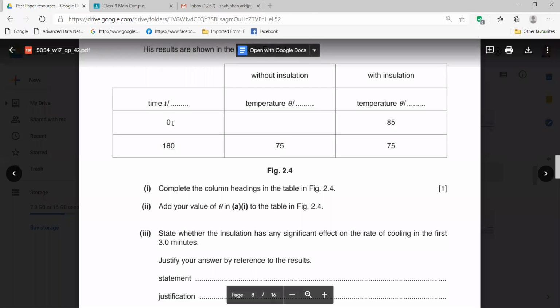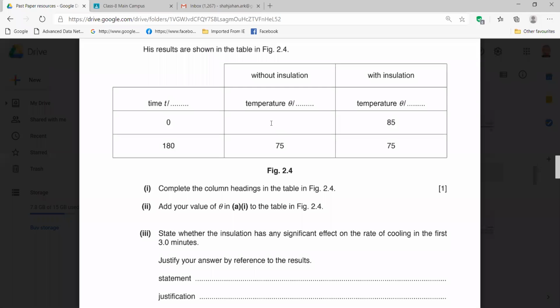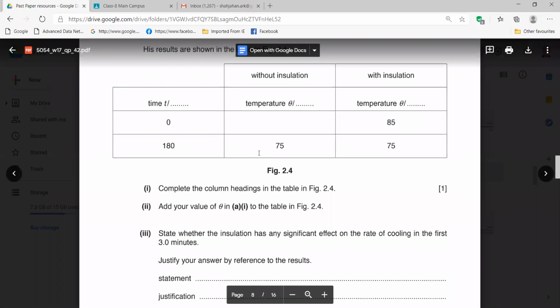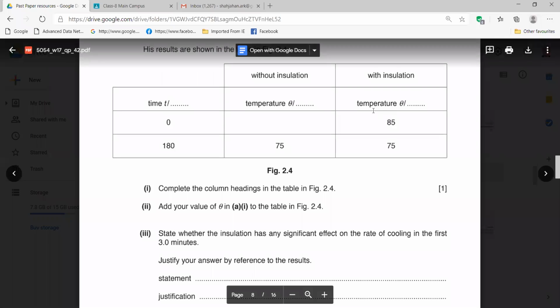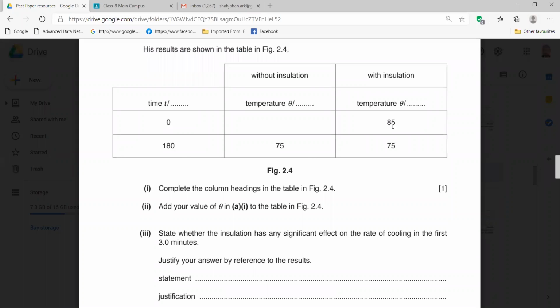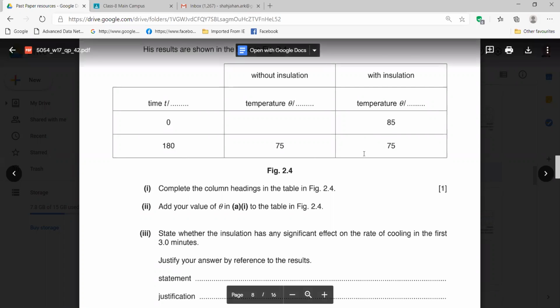At the beginning it is 88, then after 3 minutes it is 75. Then for the same time, at the beginning we are getting here 85. After 3 minutes it is 75. That is with insulation.